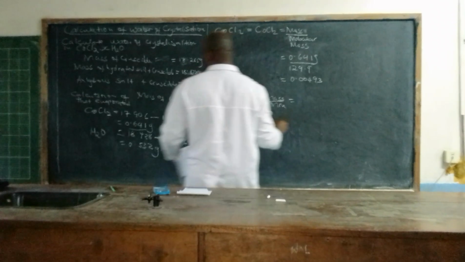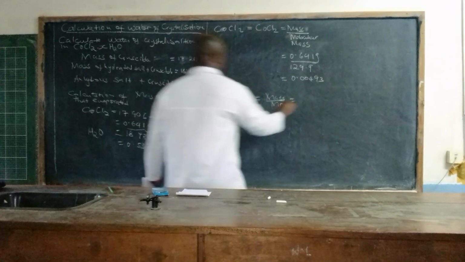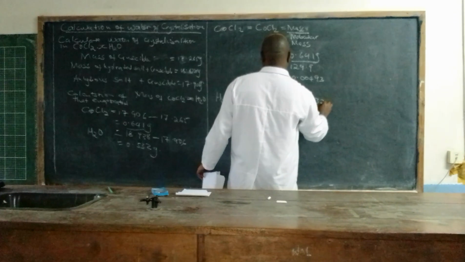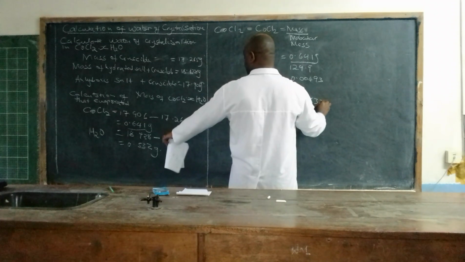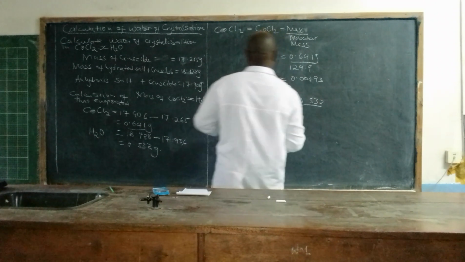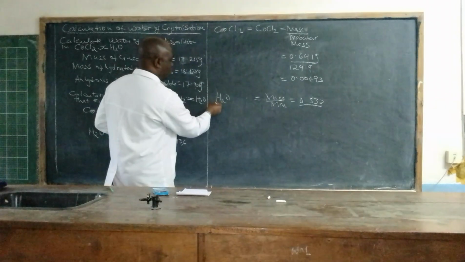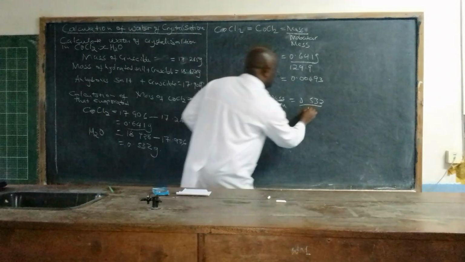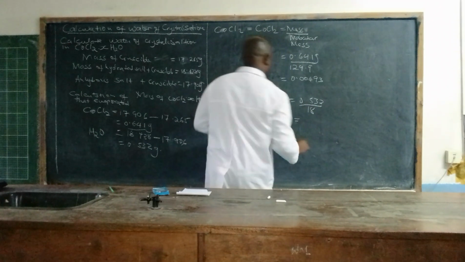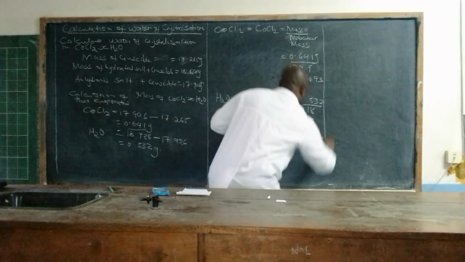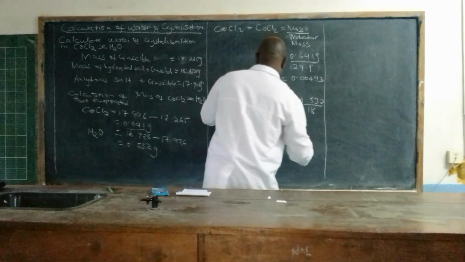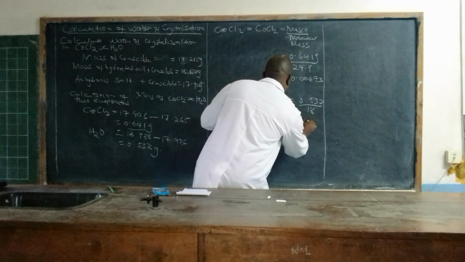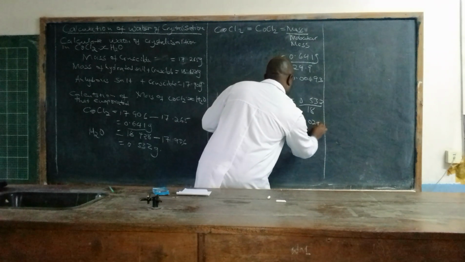We substitute the mass of water, 0.532, over the relative molecular mass of water, which is 16 plus 2, that is 18. If you do your calculations clearly, you are going to get 0.0295.